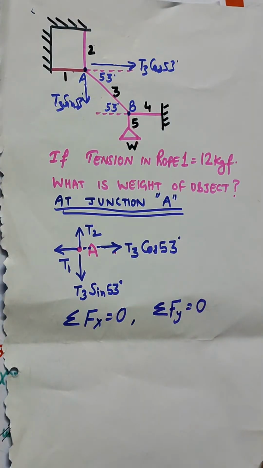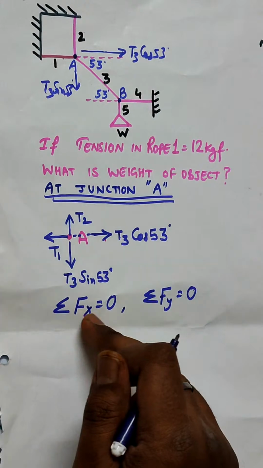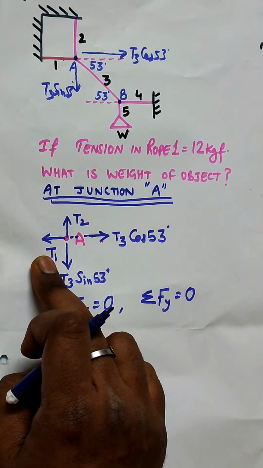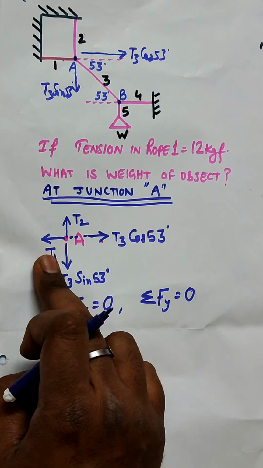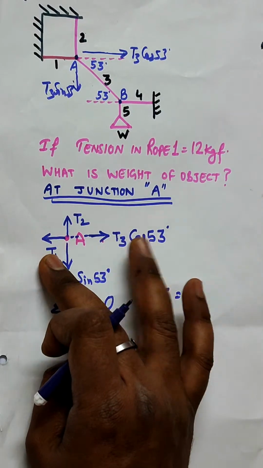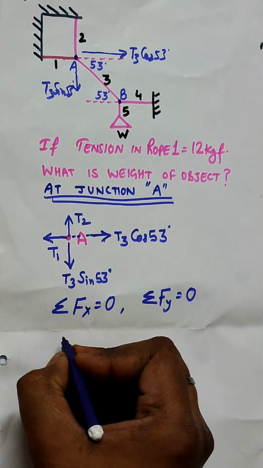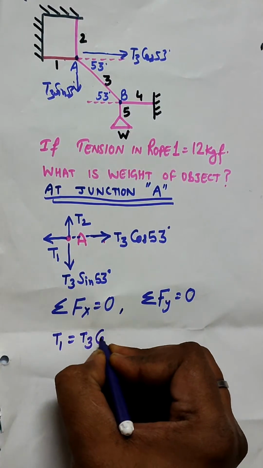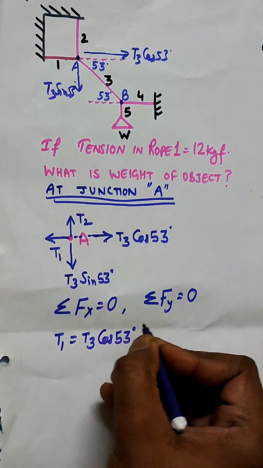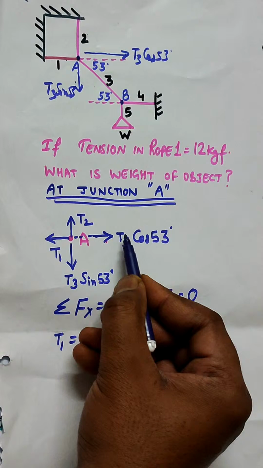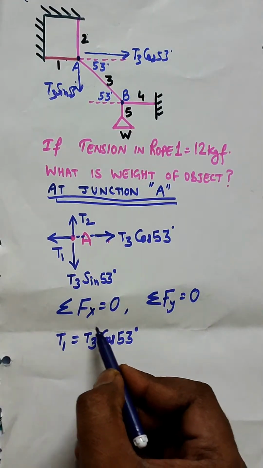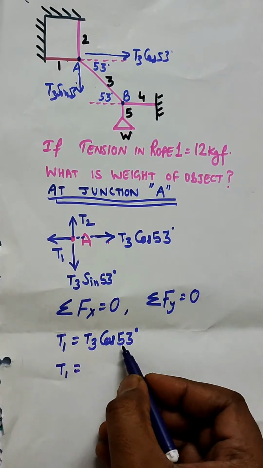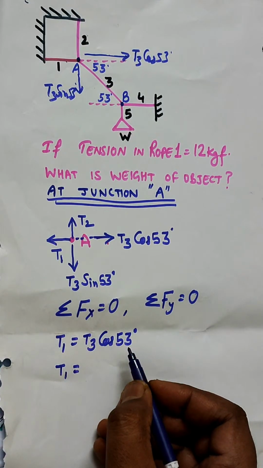So we'll solve it. In the x direction, T1 is equal to T3 cos 53, because this is acting left and this is acting right, so the x components sum to 0. From 53 and 37, the triangle is 3, 4, 5.